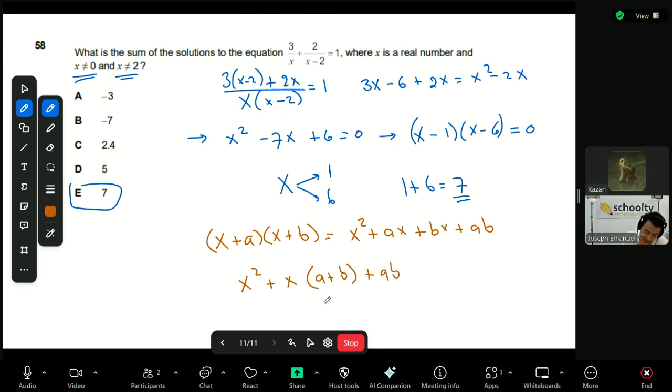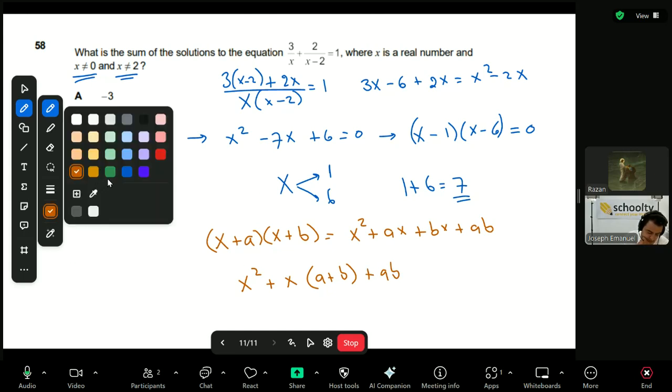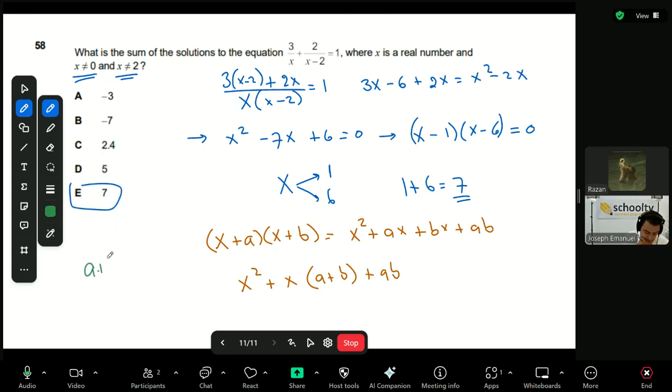So in this case, we could find it by this equation. So you have a plus b equals minus 7, and a multiplied by b equals what? 6.